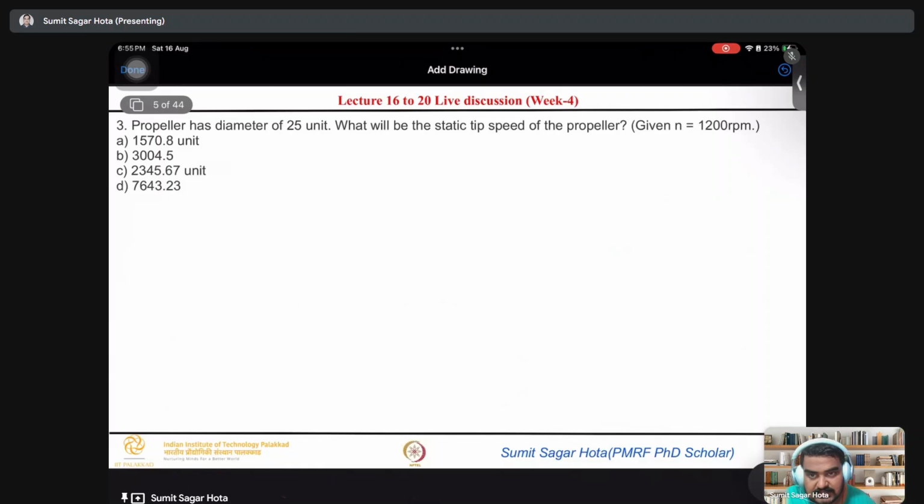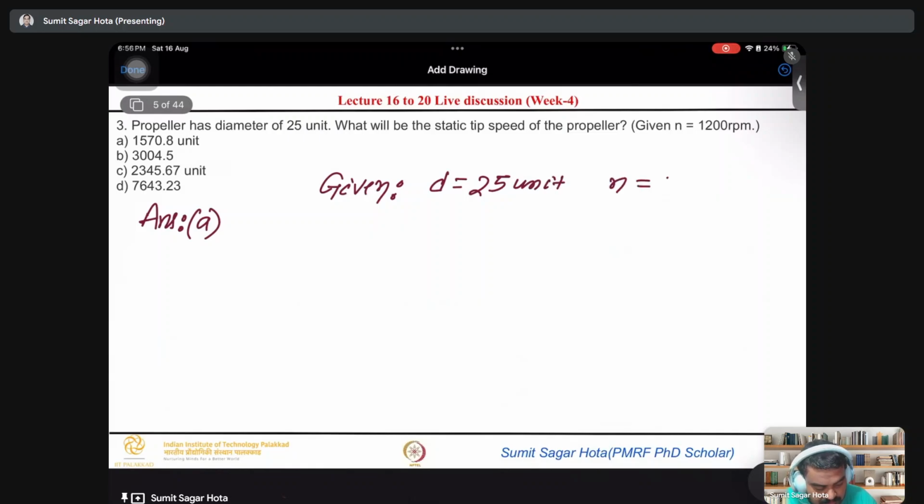The propeller has a diameter of 25 units. What will be the static tip speed of the propeller? The answer is obviously A. It's very simple. First write down what is given. D is 25 units, N is 1200 RPM.